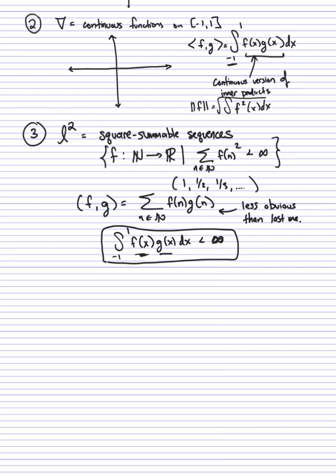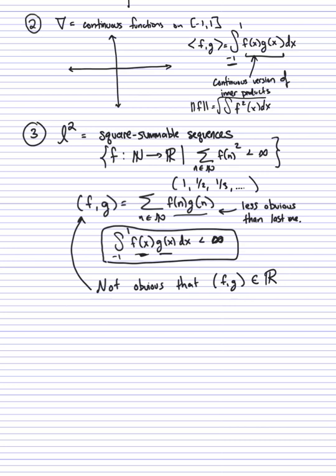You take the product of these functions, it will have finite area underneath. It's not as obvious for sequences. If I just take two square summable sequences, why, when I take their product, do I get something which is summable? So it is not obvious that the sum of f g is finite. It turns out to be true, but it takes a little bit of work.